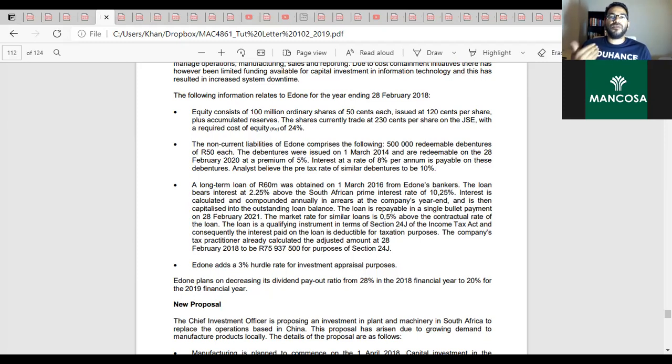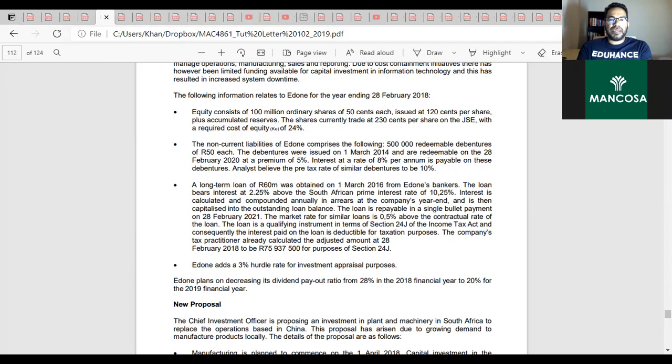The dividend growth model says the market value equals D1, dividends of next year, divided by cost of equity minus the growth rate. Now here we can see we know the number of shares and we know the share price. So therefore we can use the market capitalization method. So the ordinary share capital line item is easy in this particular question.